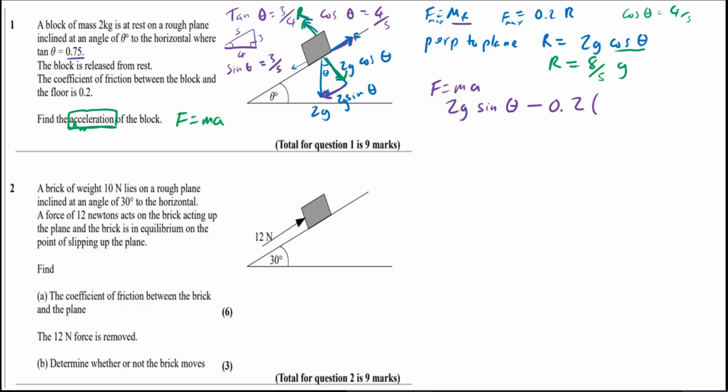Because remember, I've got this purple, and we've got what's happening down that way, which is this, because that's our F max. Equals our mass 2, equals 2a.